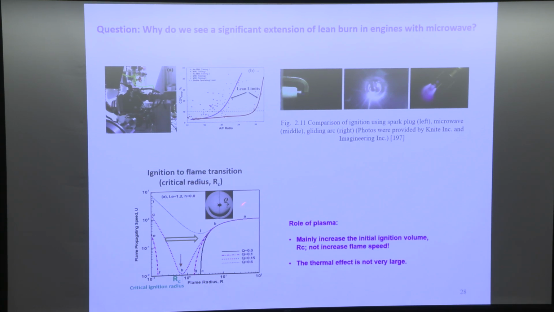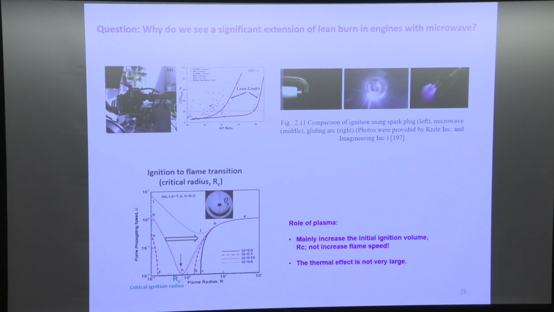This is why Bob Dibble at Berkeley sees that with plasma, there's no change of flame speed. Yes, there's no change of flame speed if the flame propagates outward. But if the flame kernel is very small, you see a big change with plasma. If the energy is higher, you can see the flame speed decrease and then smoothly transition to the adiabatic flame speed.